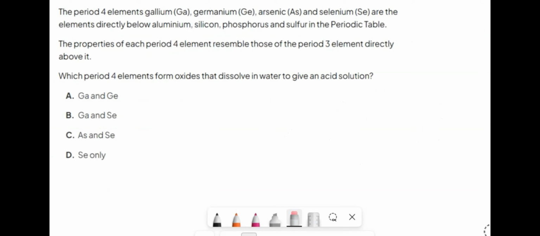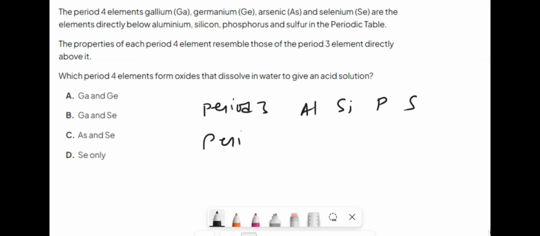The period 4 elements gallium, germanium, arsenic and selenium are elements directly below aluminium, silicon, phosphorus and sulfur in the periodic table. So these are period 3 elements: aluminium, silicon, phosphorus and sulfur, and period 4 elements which are just below are gallium, germanium, arsenic and selenium.